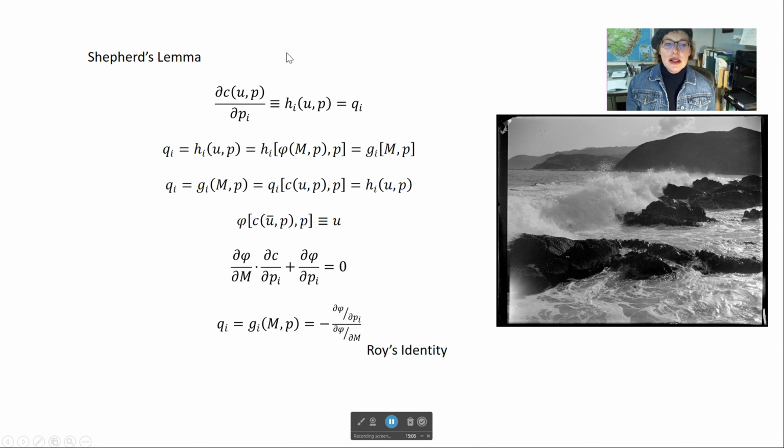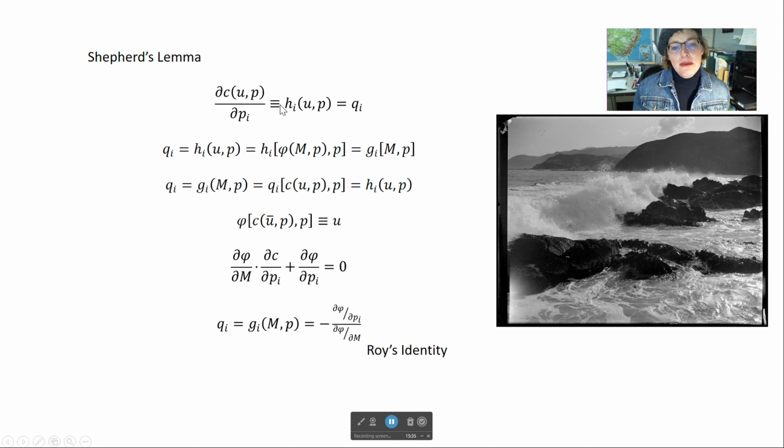So here's Shepard's lemma at the top. We start out with a cost function, which is a function of utility and prices. If we want to derive back the Hicksian demand or the compensated demand for one type of good, let's say PX, then we would partially differentiate it with respect to PX. In this case, this function is generalized, so I just have it as partial differentiation with respect to PI.